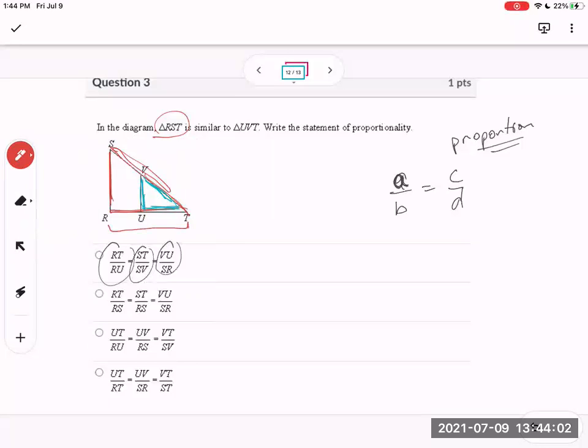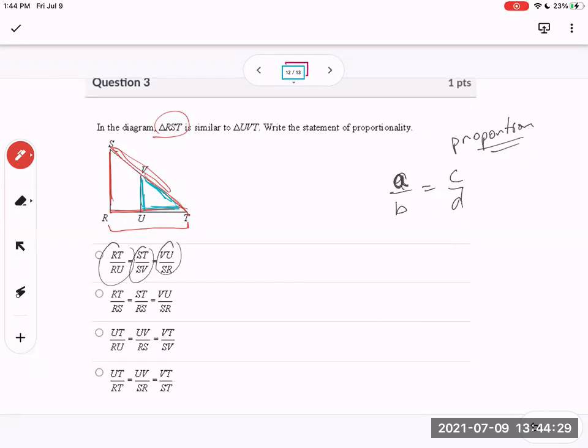RT is to UT, R S T. This is kind of like a dilation.